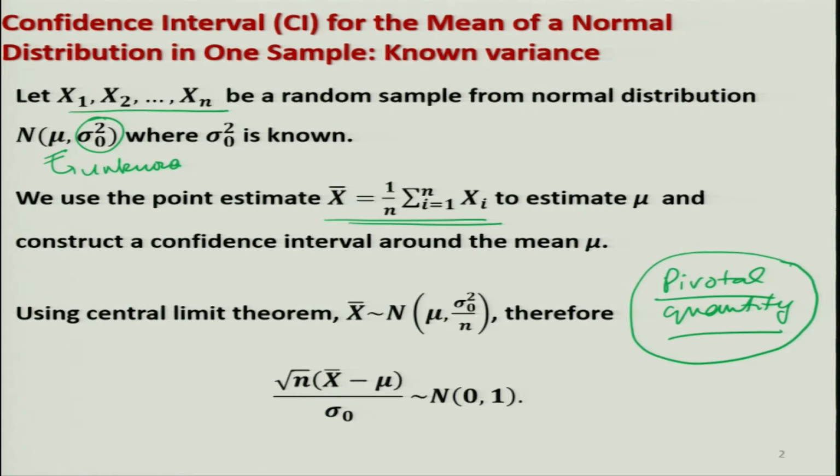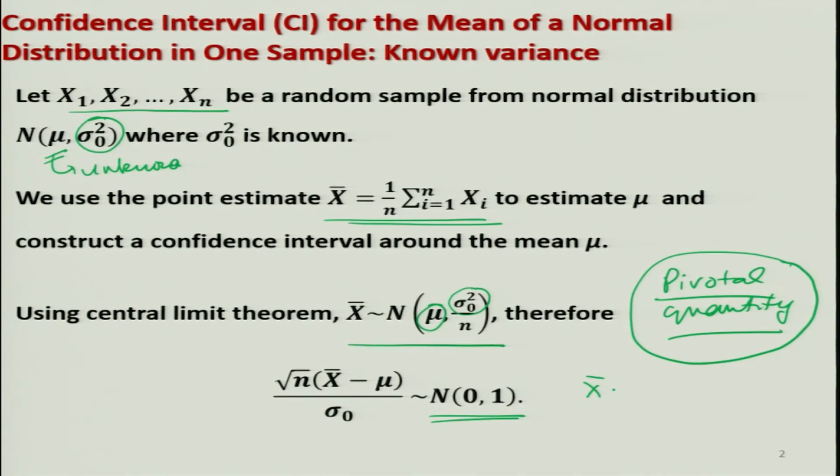Now you can recall the central limit theorem. We had proved there that x bar follows a normal distribution with the same mean mu and variance sigma square upon n. Here the variance is sigma 0 square, so the variance of x bar becomes sigma 0 square upon n, which is a known quantity. We also learned that square root of n times (x bar minus mu) upon sigma 0 follows a normal 0, 1.